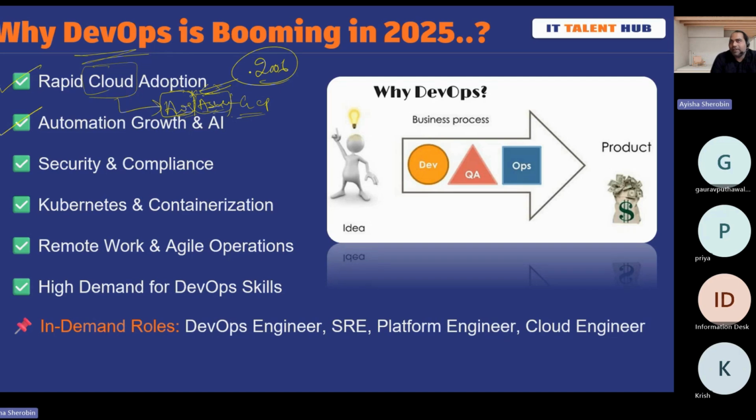You can even find in job descriptions that they are especially asking for open source first, then they will prefer any cloud like AWS or Azure. I'm not saying that GCP is not preferred, and some organizations do prefer GCP, but compared to GCP, AWS and Azure are more preferred.